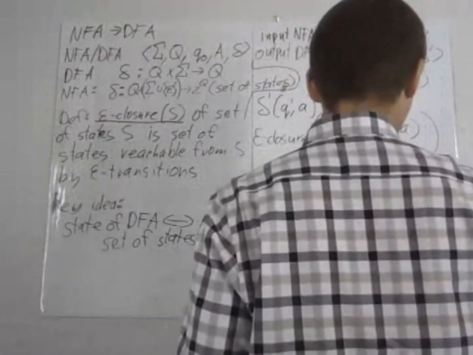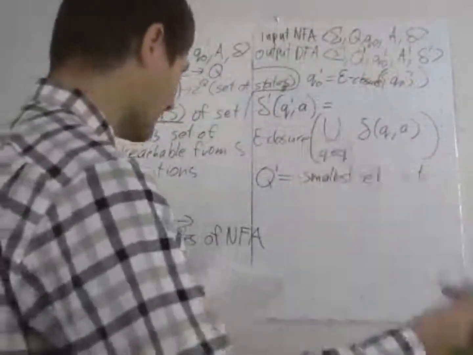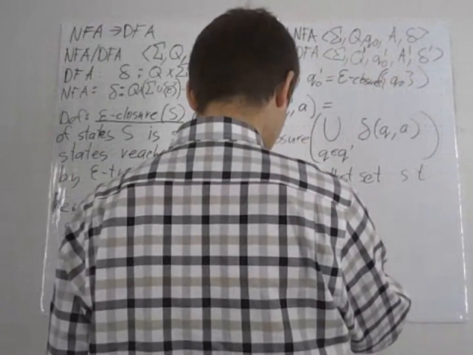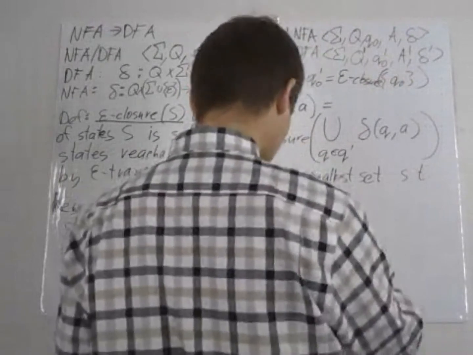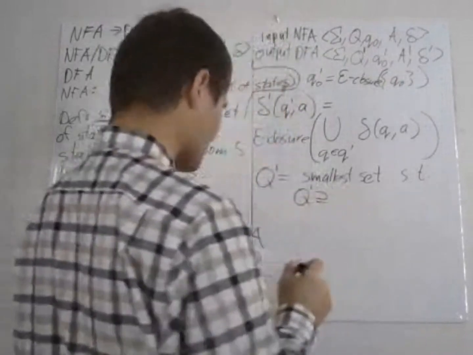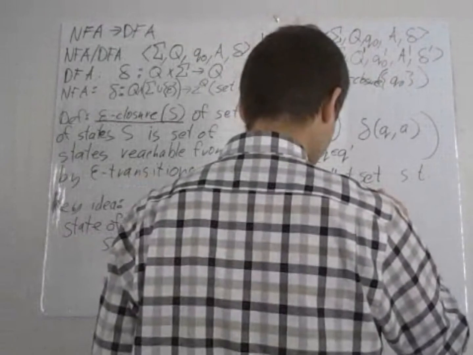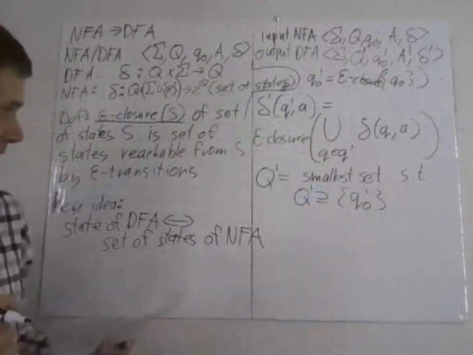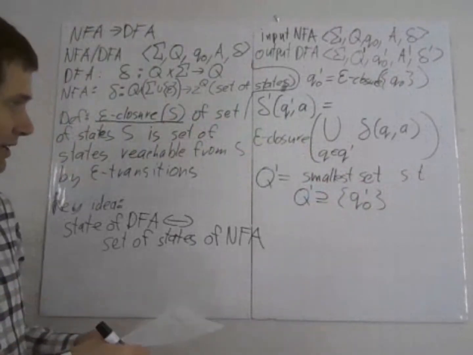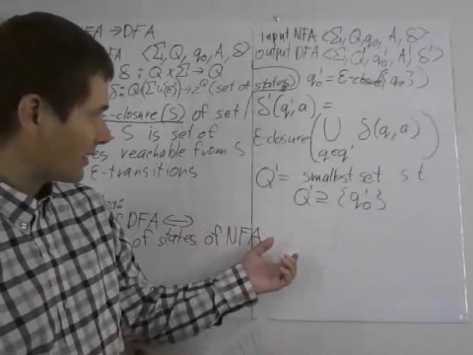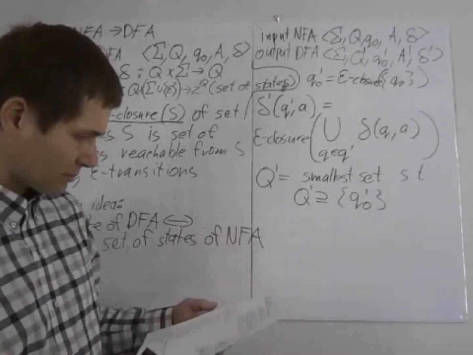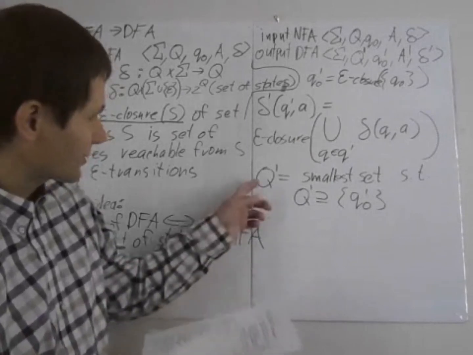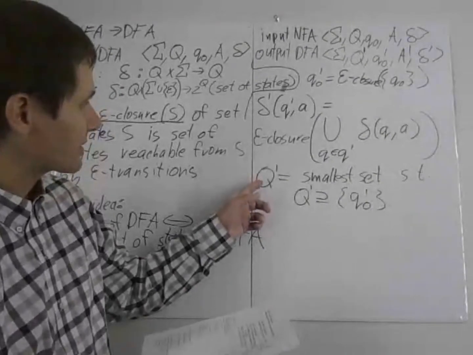such that, and I'm going to give some constraints, right? And the constraints are that Q prime has to be a superset of the singleton set with Q0 prime in it. So Q prime is a set of sets.